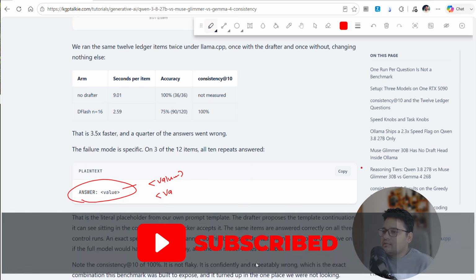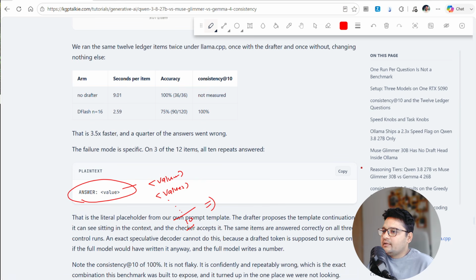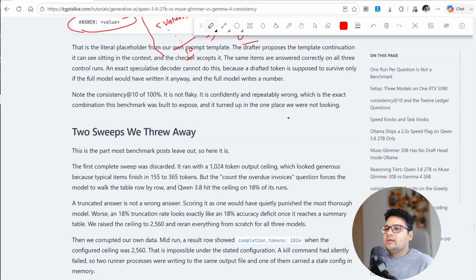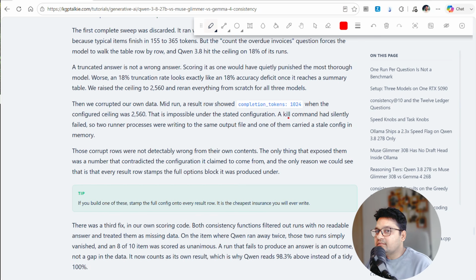So for a particular question, if it gave this result once and repeated it 10 times, you are going to see 100% consistency, but the accuracy here is 0%. This is what I was telling you earlier. I hope all of you have understood that if a particular model is 100% consistent, that doesn't mean your model is 100% accurate.